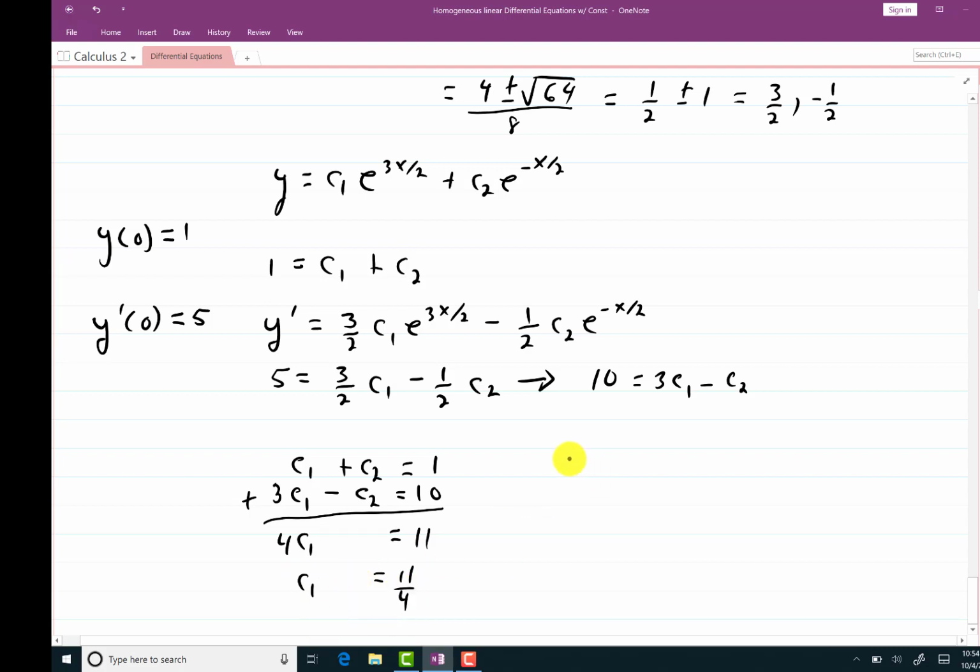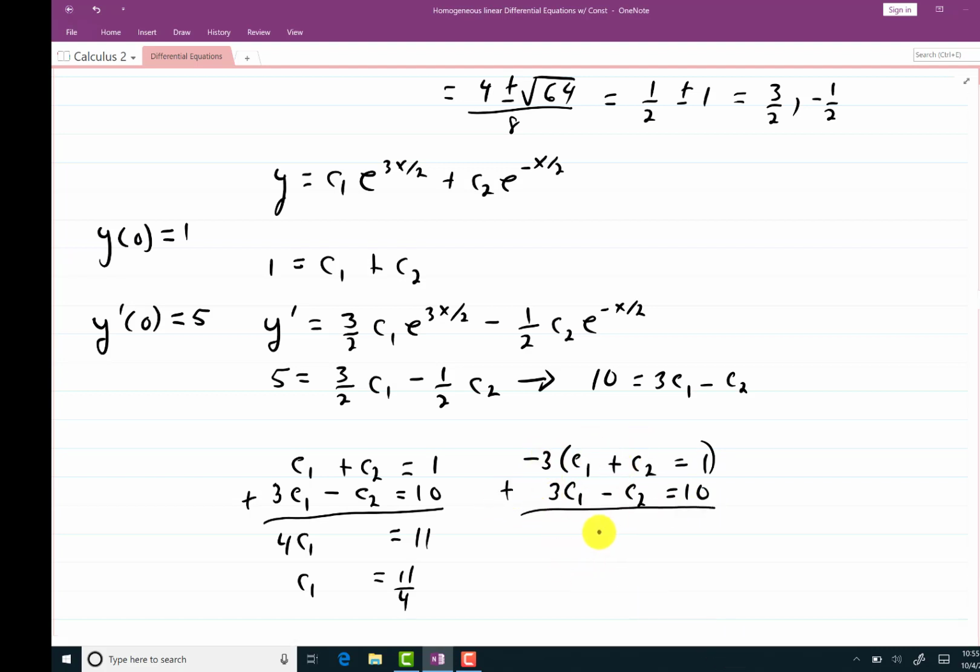And then I'll write the equations again. This time I'm going to wipe out the c1. So I'm going to multiply the first equation by negative 3. And then when I ultimately add them together, the c1s will cancel out.